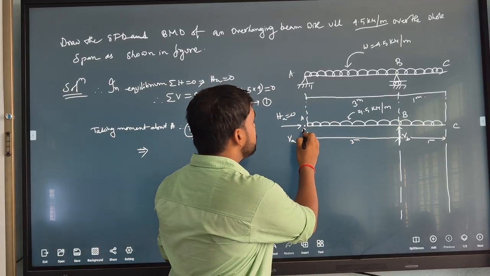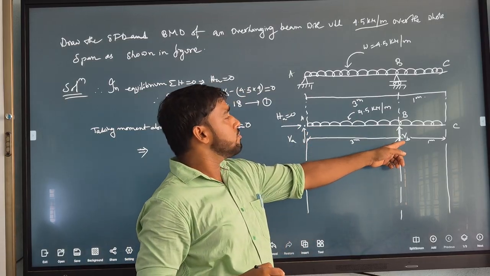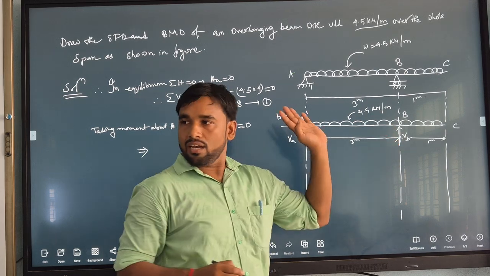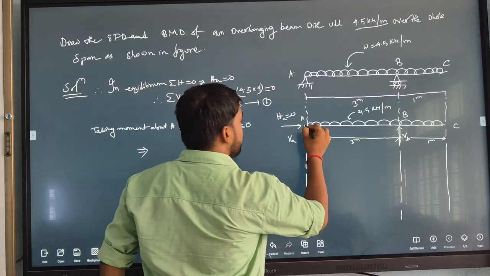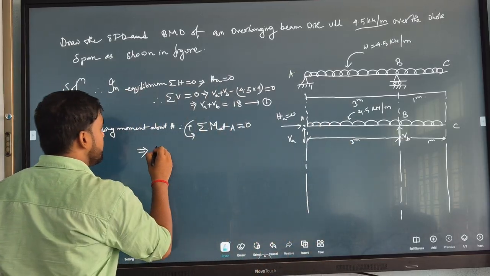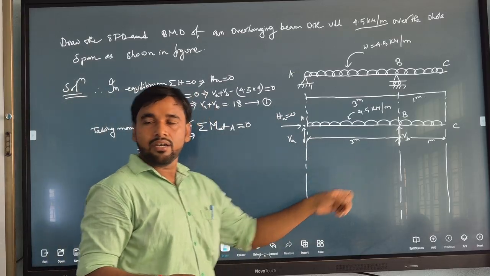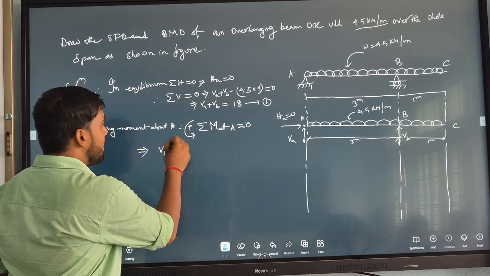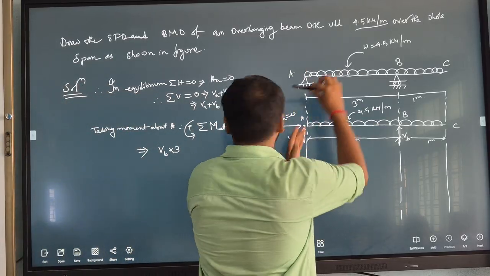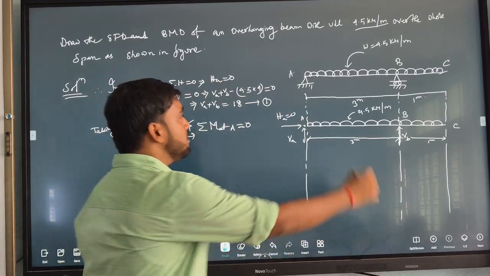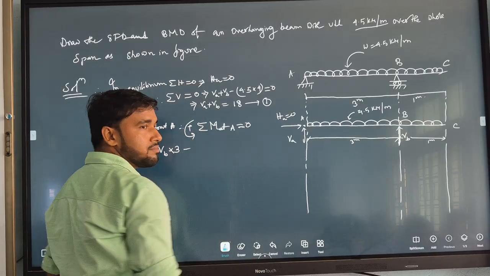For VA and HA there is no moment about A. Moment about A for VB is VB into 3 meter. This makes anticlockwise rotation, and anticlockwise is positive. The UDL makes clockwise rotation, so minus.